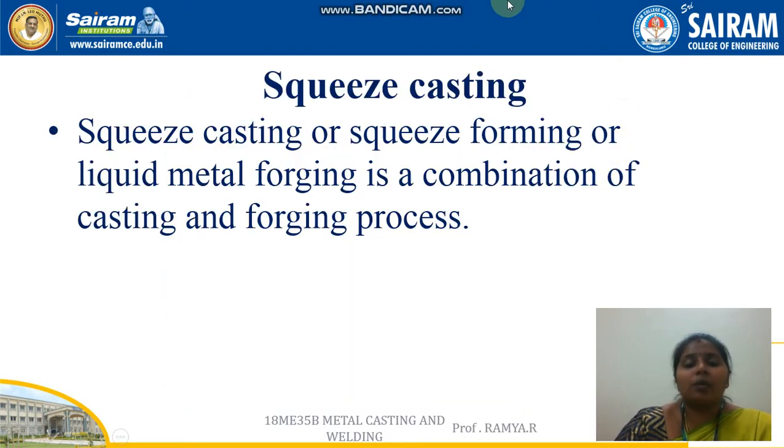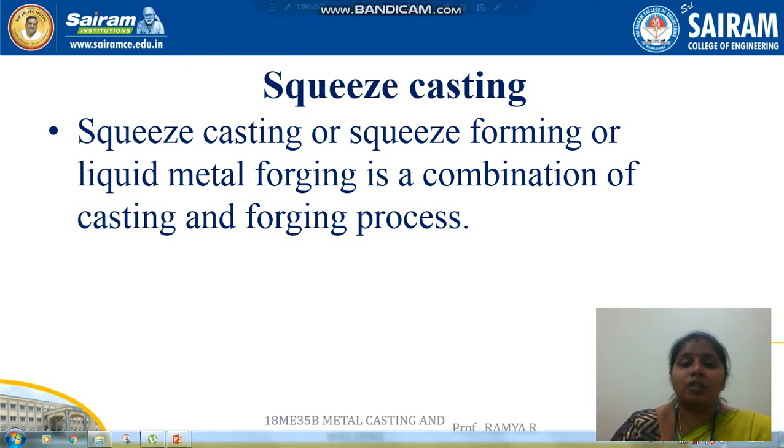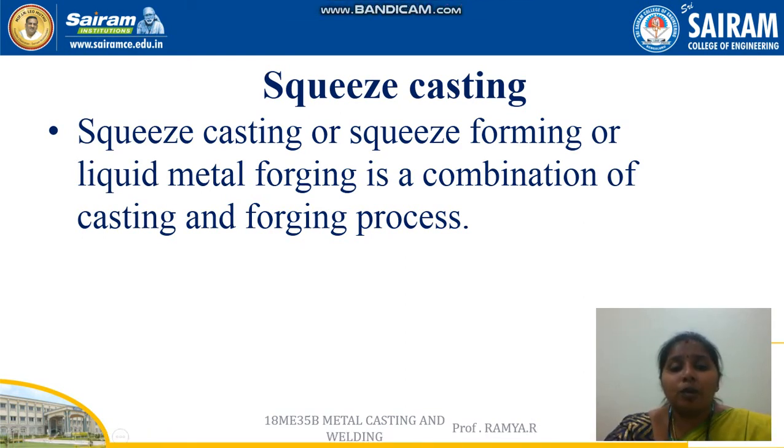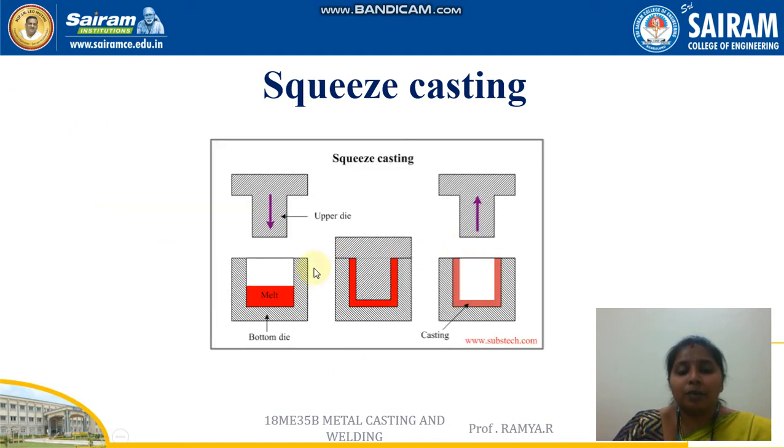So the next one is squeeze casting. Squeeze casting, or squeeze forming or liquid metal forging, is a combination of casting and forging processes. Here in this diagram you can see there are two dies. One is a fixed one, the other one is movable.